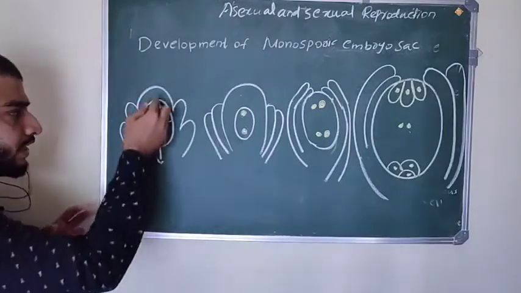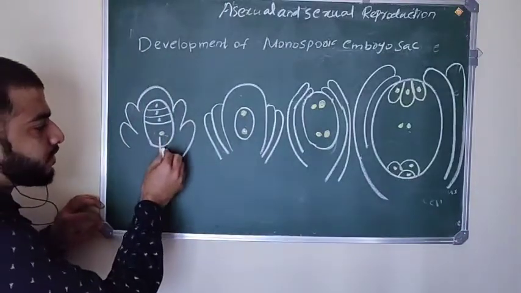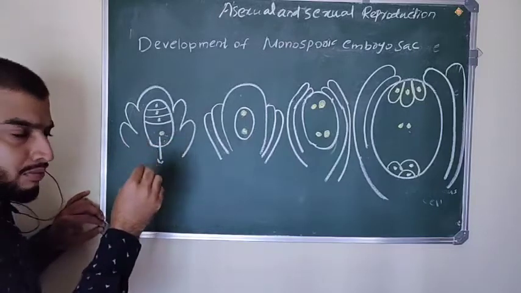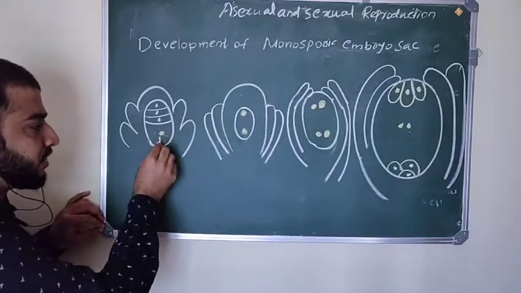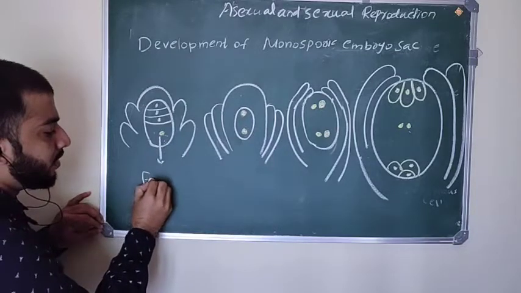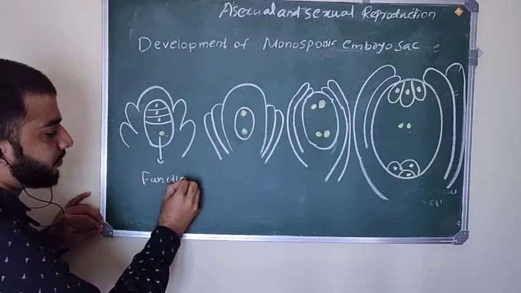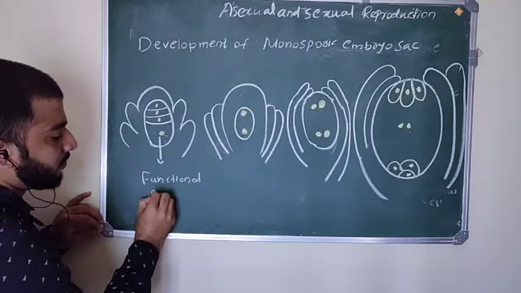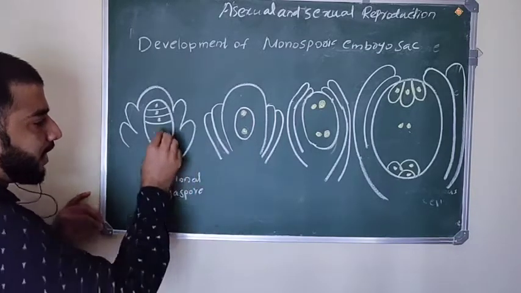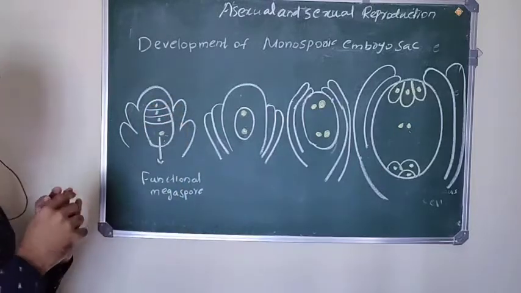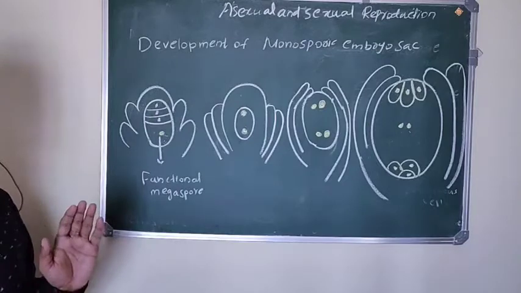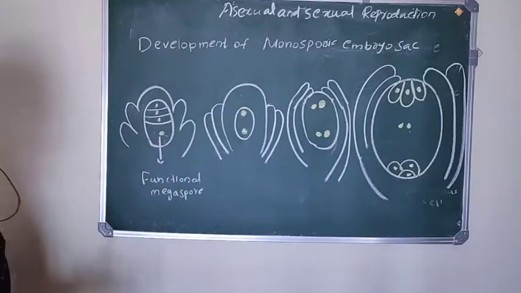In this linear tetrad of megaspore cells, only one megaspore cell becomes functional. The one present at the chalazal end becomes the functional megaspore, and the other three megaspores degenerate. Only one megaspore becomes functional.